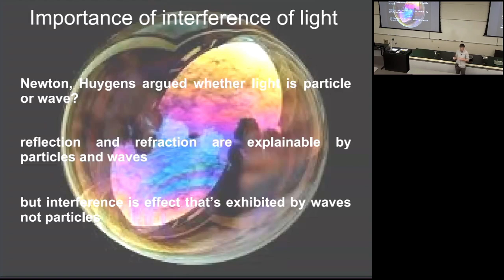But interference, the effect we'll explore today, and diffraction, the effect we'll explore next week, are phenomena that are only a property of waves. They're not a property of particles. And so that's the importance of interference today and diffraction in the next class.